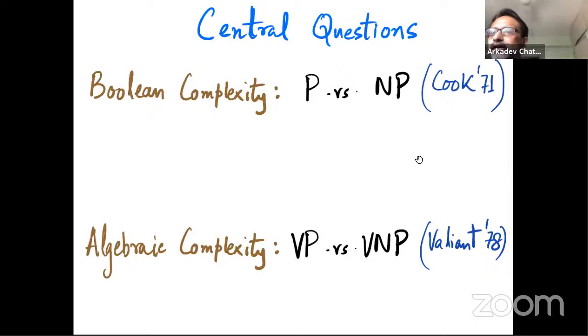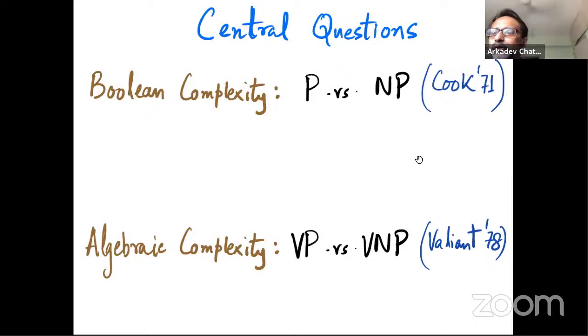And the analogous question, which will be the focus of this talk, in the algebraic world, is Valiant's question, raised in 78 by Les Valiant. It is the same question in the algebraic world, where we have two classes. Here, what we want to compute are polynomials. We have been doing a lot of polynomials in the last few talks. So we want to compute polynomials as formal objects. I'll define the model pretty soon, but you saw that in Prerna's talk, for instance.